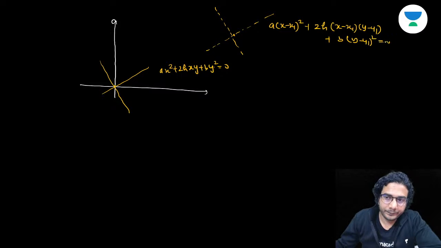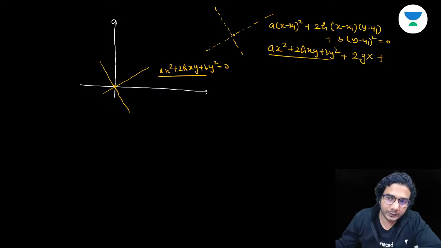When I expanded it, I got ax square plus 2hxy plus by square. The 2 degree part was the same in this equation also. Then you get some other terms, 2gx plus 2fy plus c is equal to 0, right?